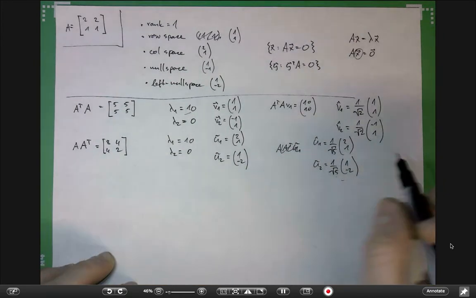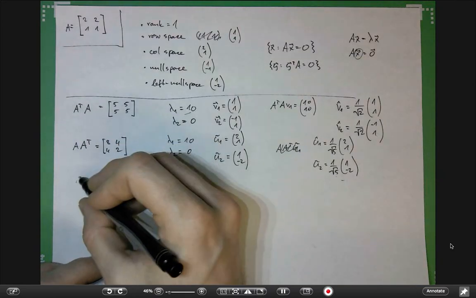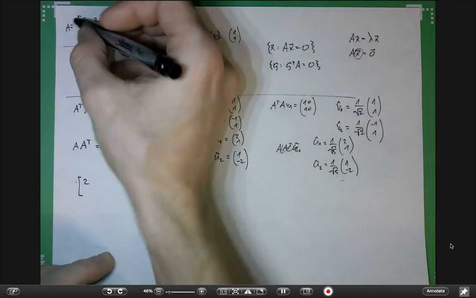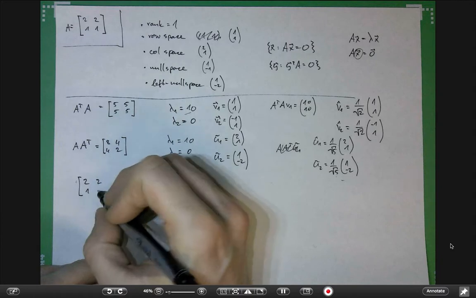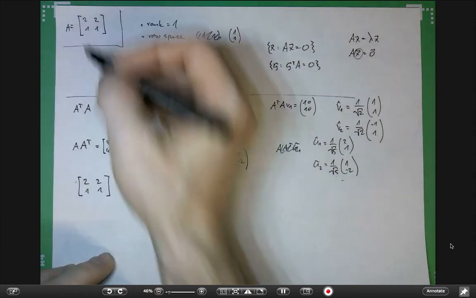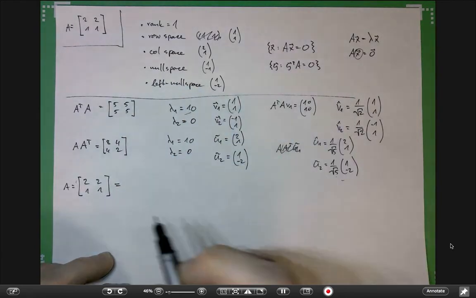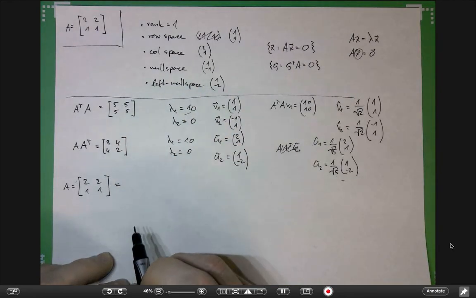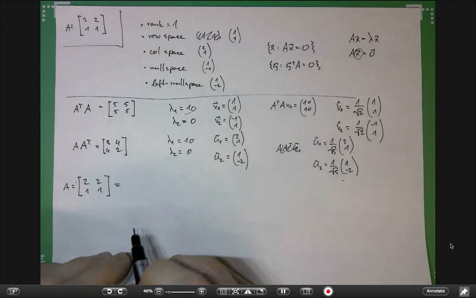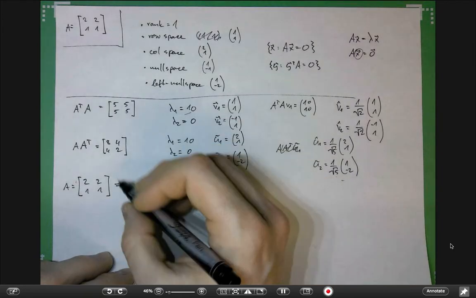So from this, I have enough information to write the SVD of the original matrix A, 2, 2, 1, 1. So this was my original A. I can even write it here like this. And so what comes first in SVD? The U matrix, right? So how is the U matrix going to look?